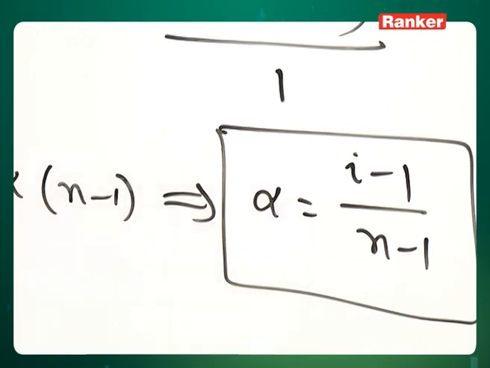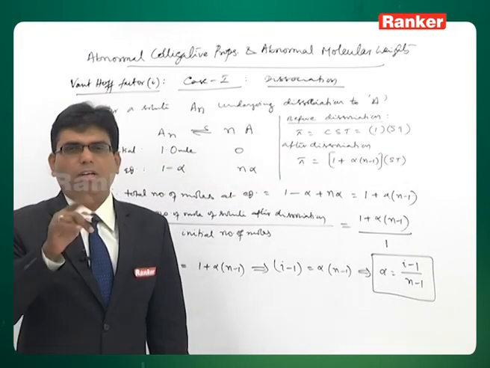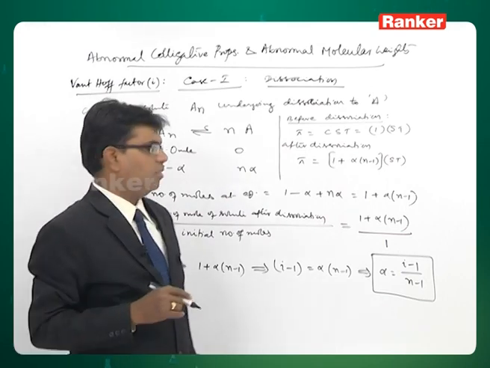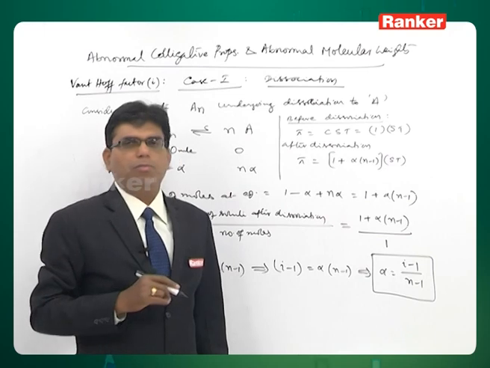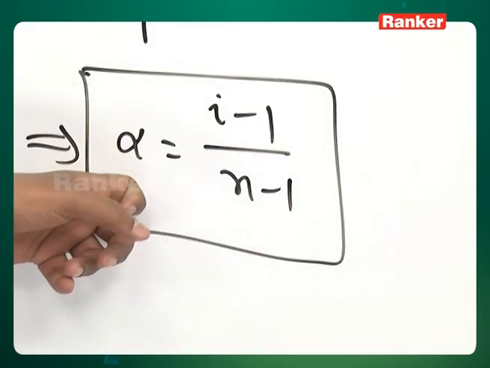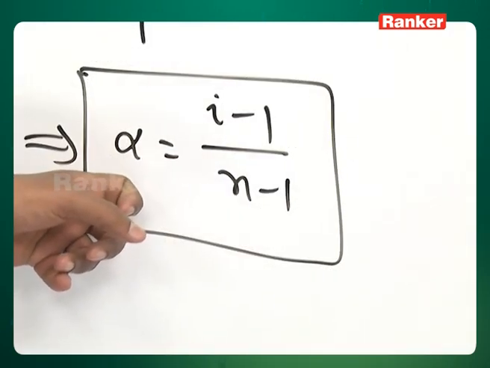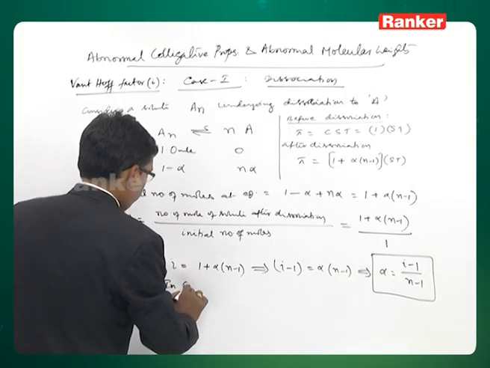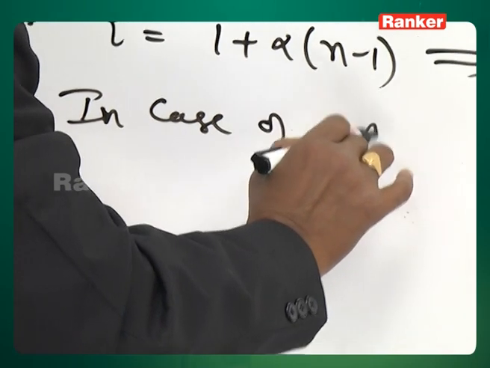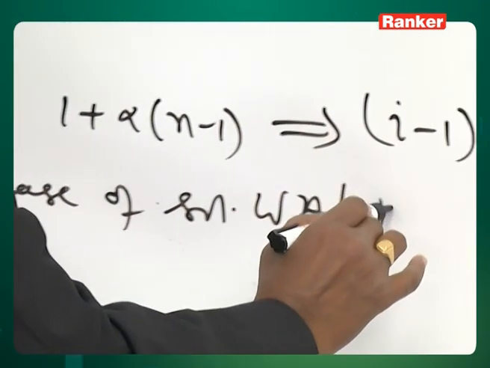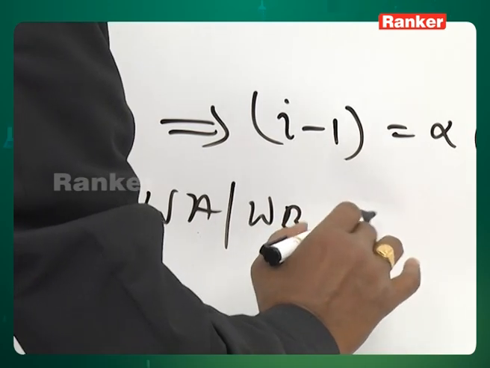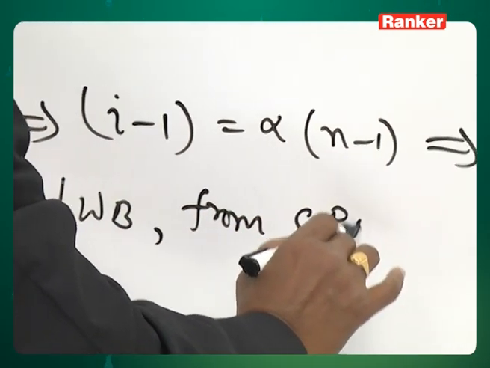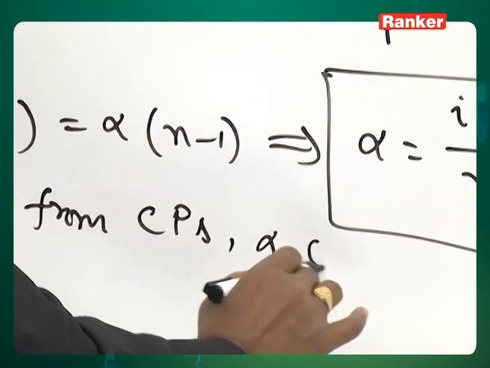In case of weak acids, like again acetic acid in water, benzoic acid in water, any such weak electrolytes, weak acids or weak bases, using this colligative property you are able to determine alpha. In solutions of weak acids and weak bases, from colligative properties alpha can be determined.